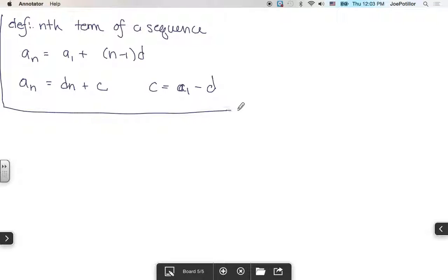These are two important formulas to memorize, and we can use them to find any term in a sequence. I don't even have to have the first term. I can just use these to find the terms of the sequence, whatever I want. So we use this to develop a form for the nth term of a sequence. Let's do an example of that.